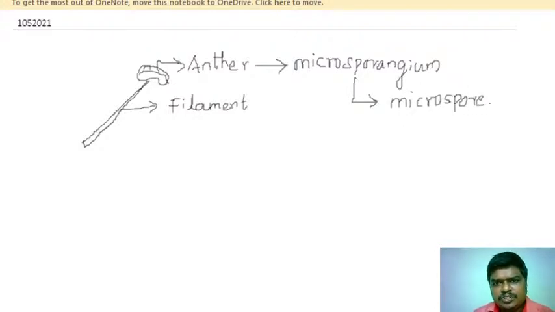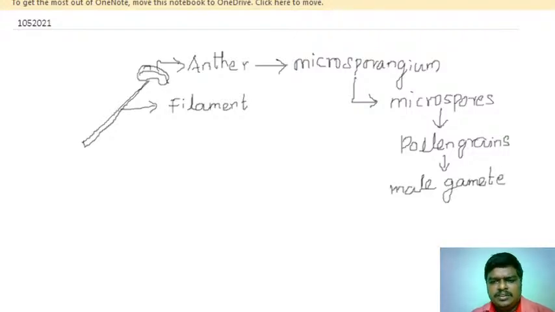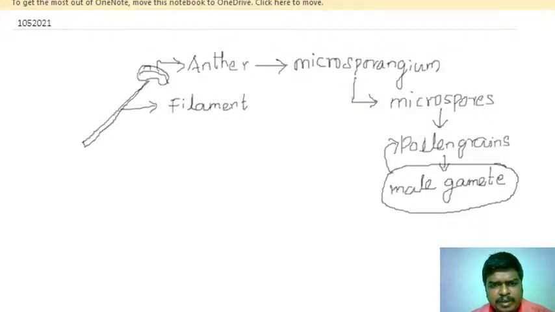These microspores differentiate and become the pollen grains. The pollen grains contain the male gamete. Pollen grains are nothing but the microspores, which are produced by the microsporangium present inside the anther.